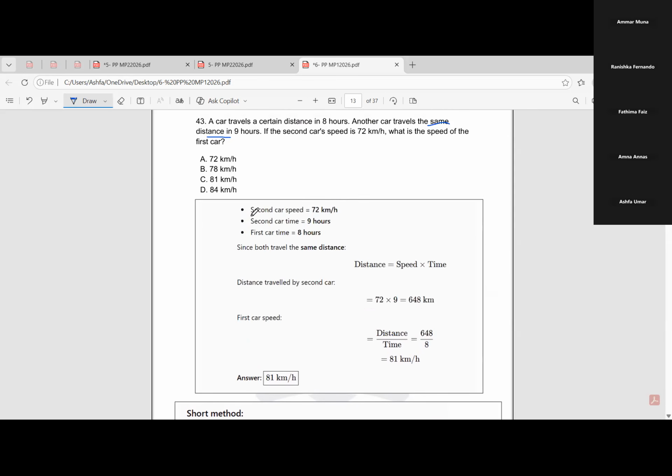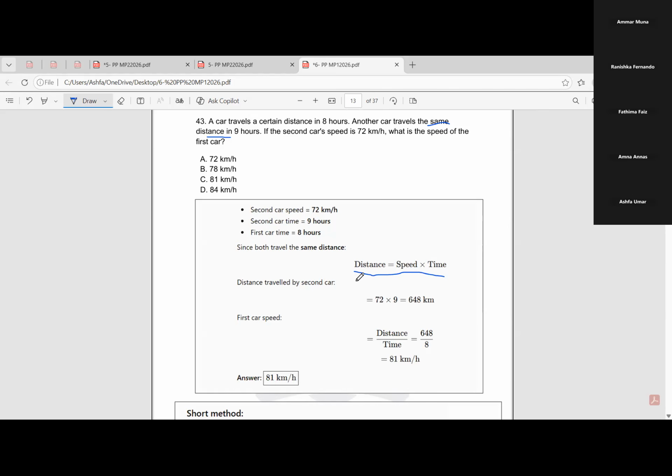First we have to find the distance traveled by both cars. For that, we use the speed of the second car and the time the second car traveled. From that, we can get the distance traveled by the first car.